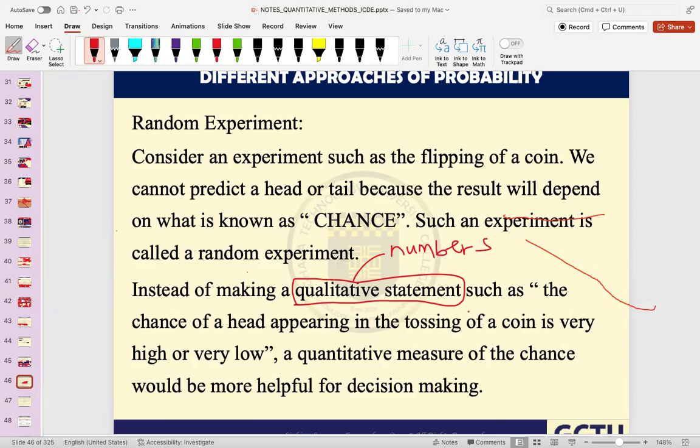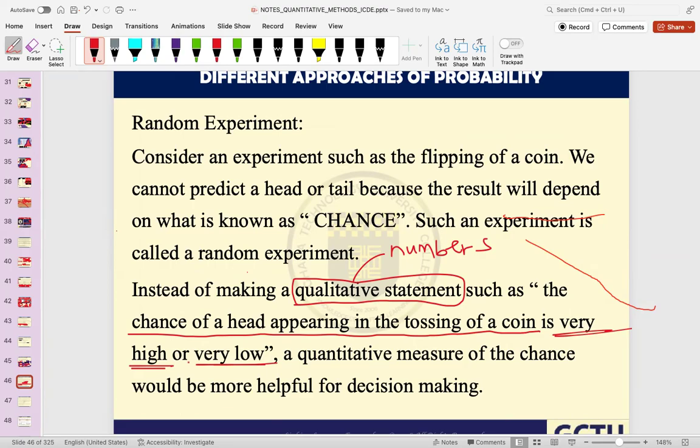So we make qualitative statements such as the chance of a head appearing in the tossing of a coin is very high or very low.